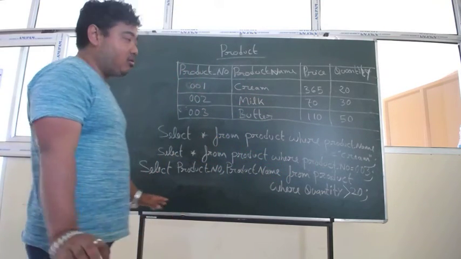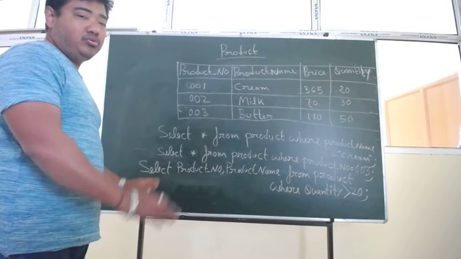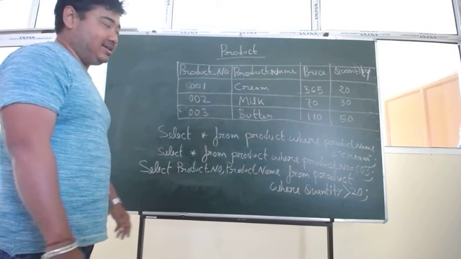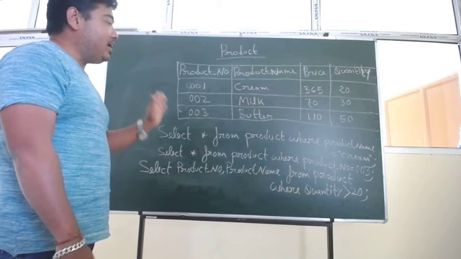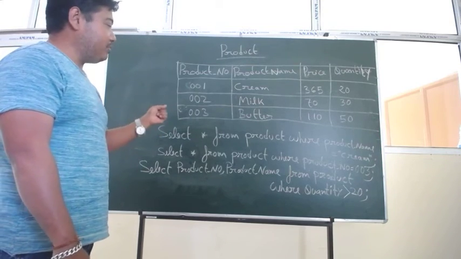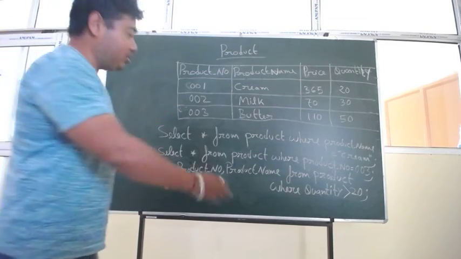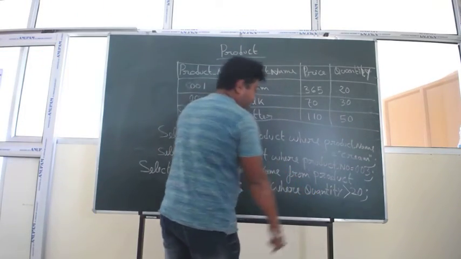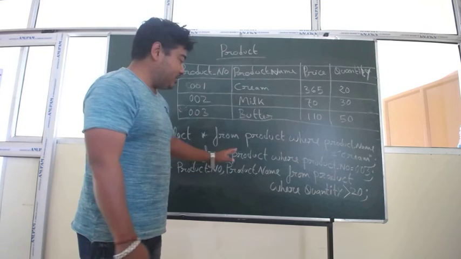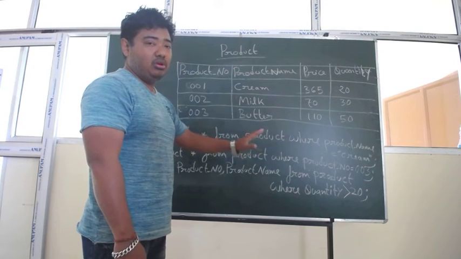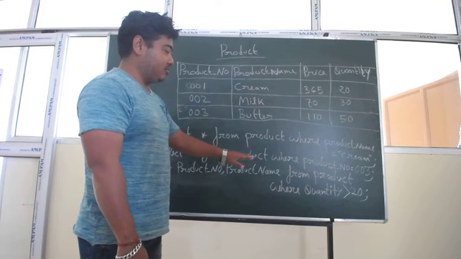So this is how actually you have to use the select statement and the where statement. Select statement along with the where clause you can use like this. It could be anything. Here I have used quantity. It could be anything, but this is how you have to use the things.